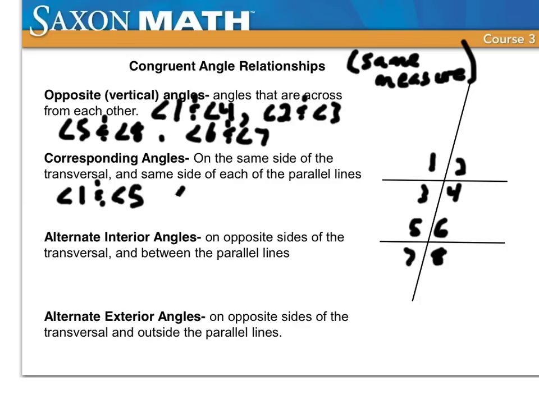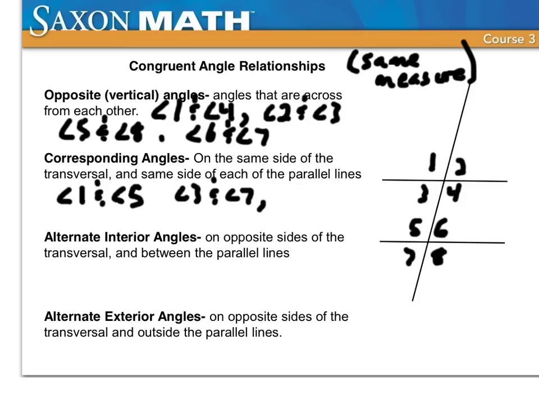Okay, let's look at angle 3. Angle 3 is corresponding with another angle. It is on the left, again, of the transversal, and it's below a parallel line. So which one's on the left and below a parallel line? Well, angle 3 and angle 7. Those are corresponding.